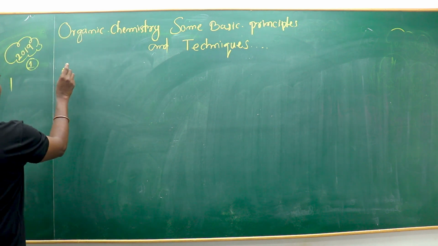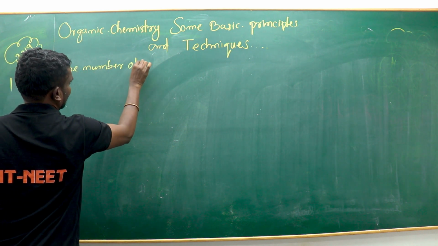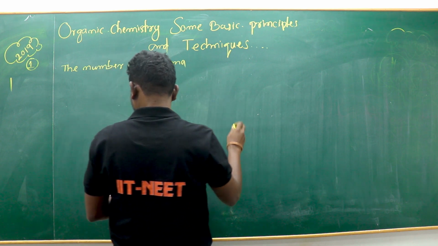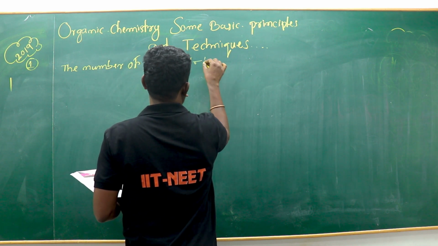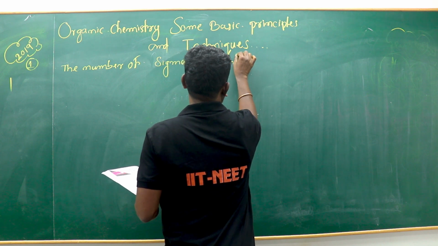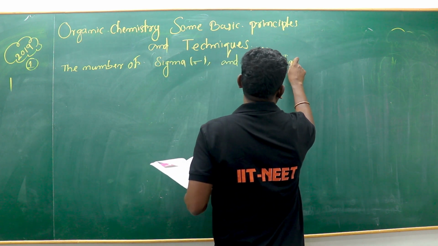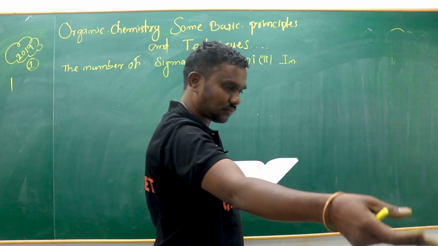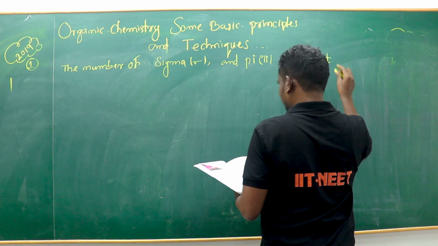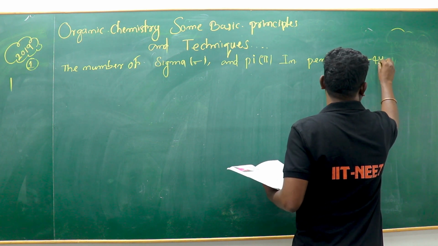Write along: the number of sigma bonds, comma, and pi bonds in pent-2-en-4-yne.